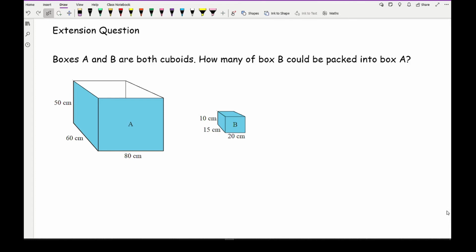One of the most common ways of answering this question is to work out the volume of A, work out the volume of B, and then divide the two numbers and then round down. That may be okay and may give you the correct answer. However, that might not always work for all types of questions, because the problem about using that particular method is that we may have empty gaps.